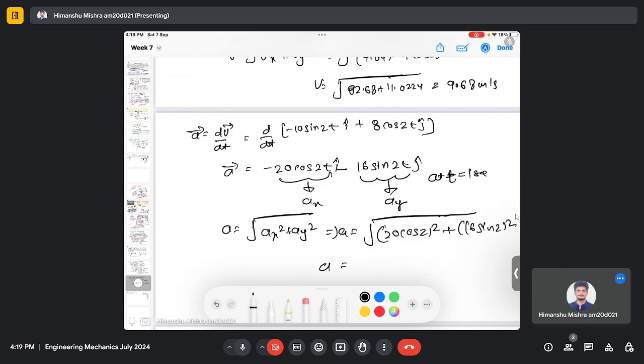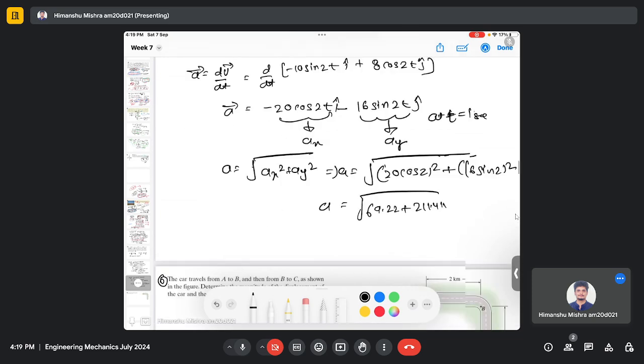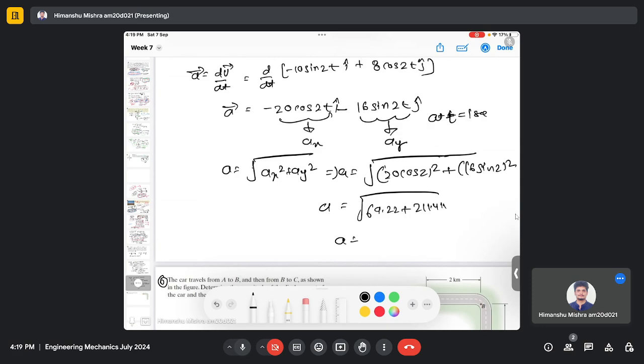So your acceleration will be 16.8 meter per second square. So this is our acceleration.